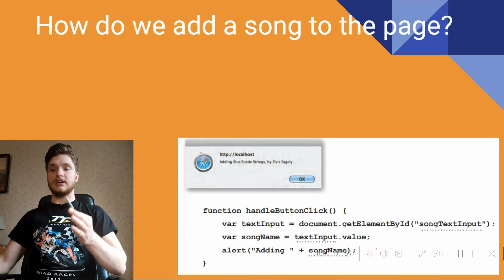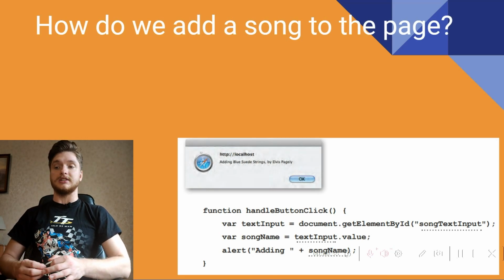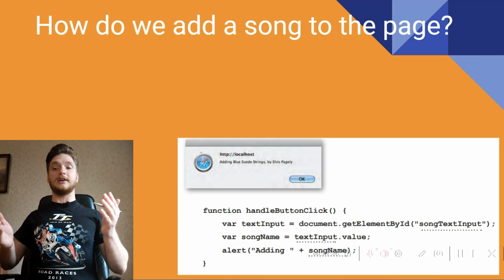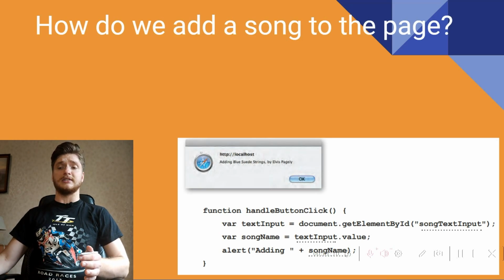The value property of the text input element holds whatever is typed into the text input, which is just a string. Here we're assigning that text to the variable songName. And now let's just pop up an alert which should display adding and the song name.